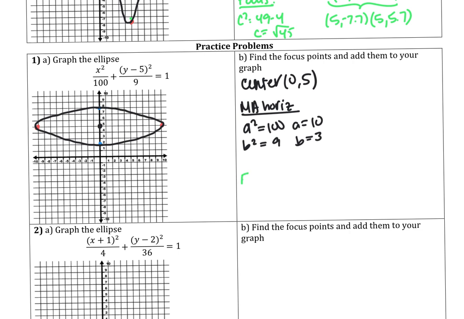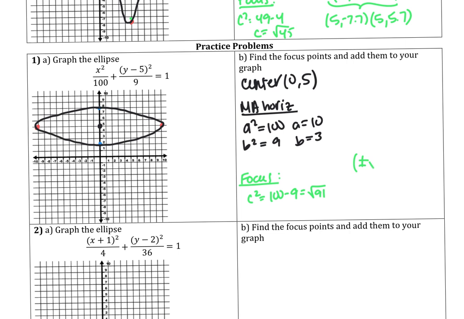And let's find what those focus points are. So c squared equals a squared, which is 100, minus b squared, which is 9. This is root 91 is what c equals. And so I've got 0, because that's where the center is, plus or minus the root 91 is going to get me to my focus point.